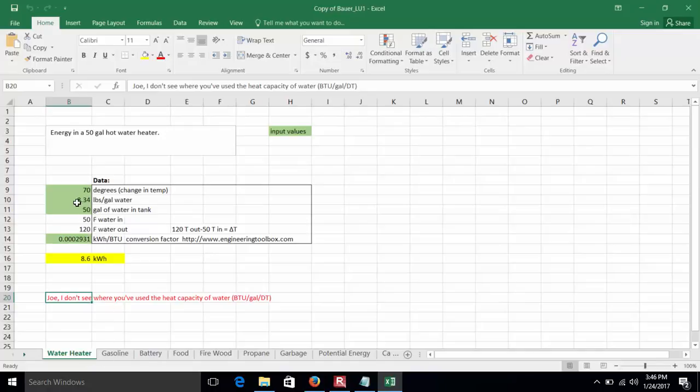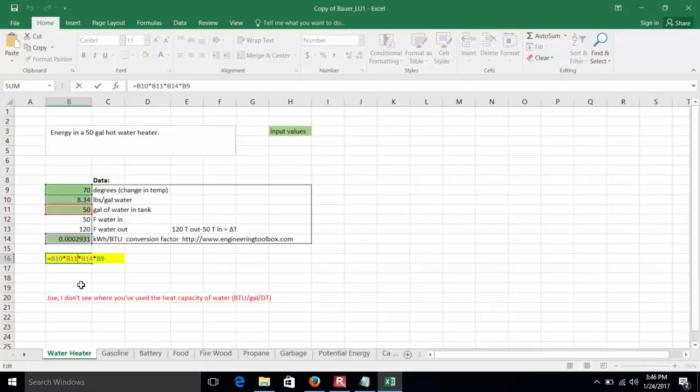Water heater. And here, these are input slides, input spots. 50, water out. And so at the end, his solution is just the product of those four numbers.